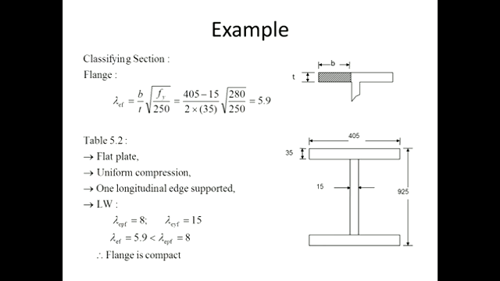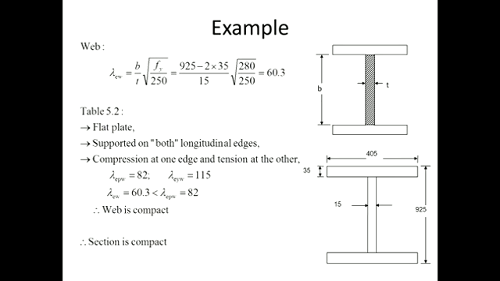So we can do the same for the web. In the case of the web, we said we have a flat plate element which is supported on both longitudinal edges, and this section is subjected to gravity loads.